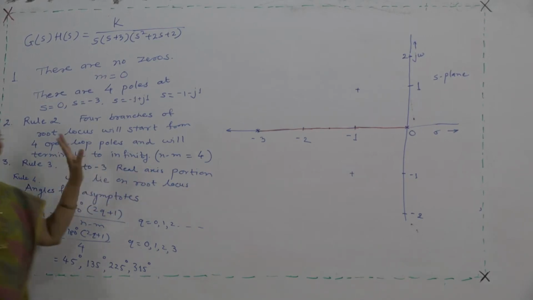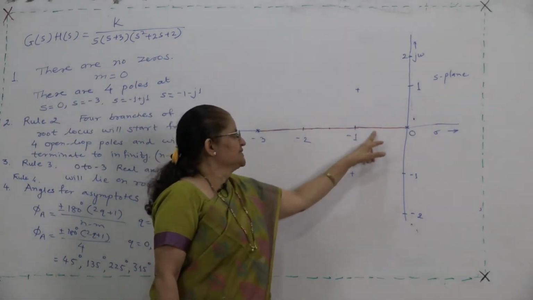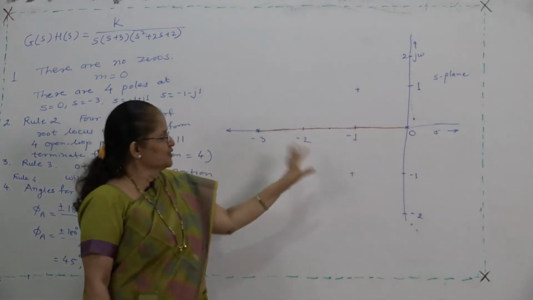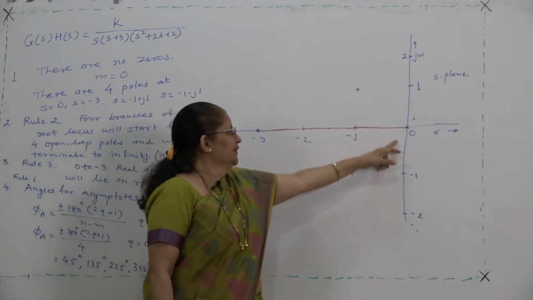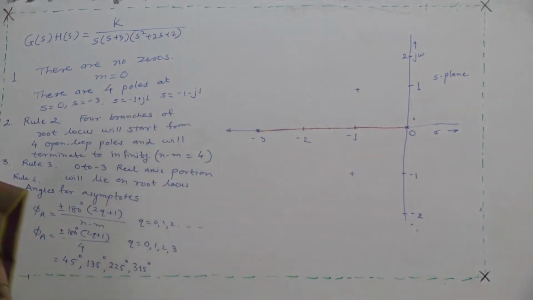How we have tested? Consider any one point between this, how many zeros and poles are lying. No zeros, so only poles, we are considering 1. If it is odd, it will lie on the root locus. Then 4 branches will go, all the branches will go towards infinity.